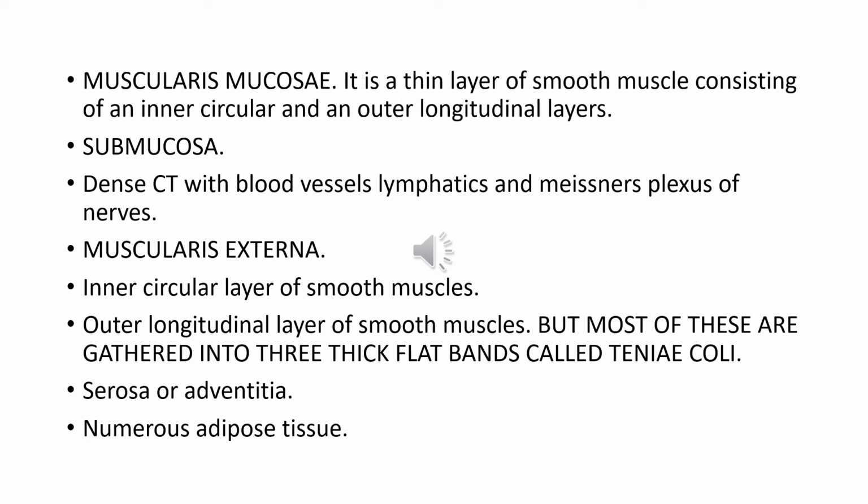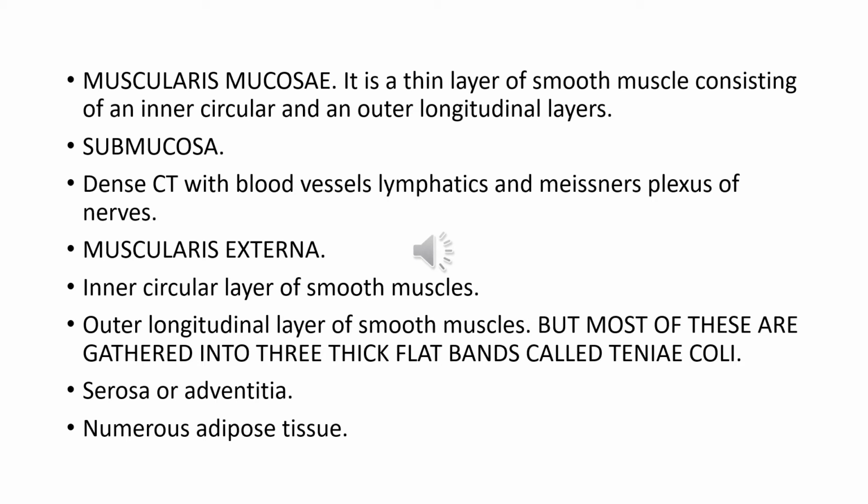These three muscular bands are equidistant and are separated from each other by a very thin layer of longitudinally running smooth muscle fibers. Now, these actually form the haustrations which we see with the naked eye or in the gross section of the colon.